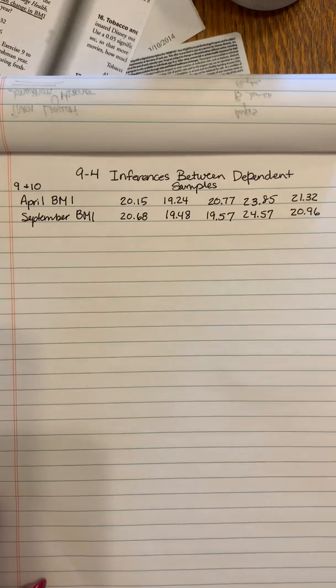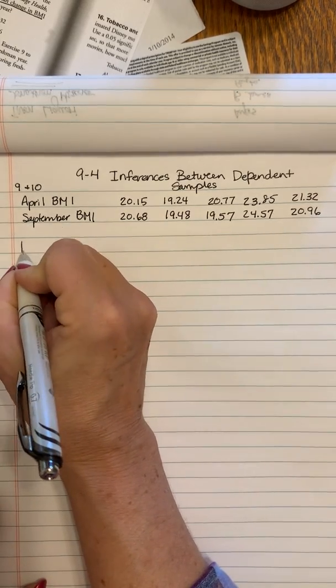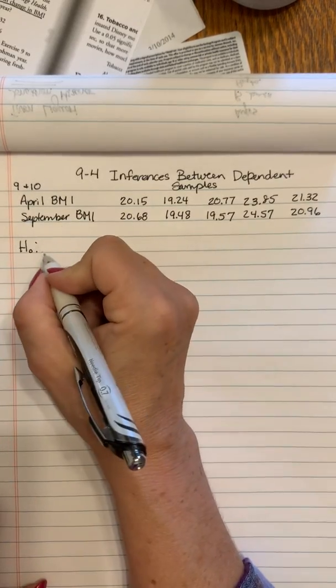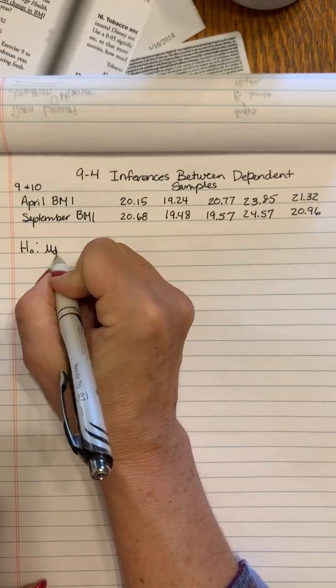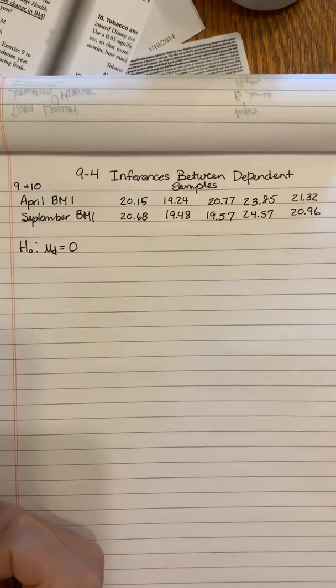This will be very similar to all of the other hypothesis tests that we've done in the past. So what we need to do is come up with a null hypothesis. And the null hypothesis in this case is that the mean difference, and I use a little subscript d, is equal to 0. Always equal to 0 with a null.